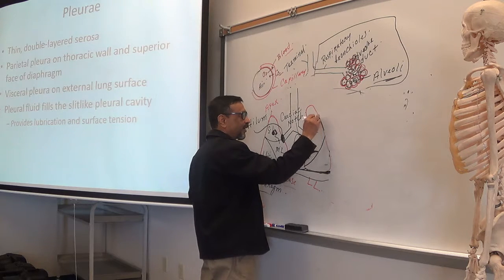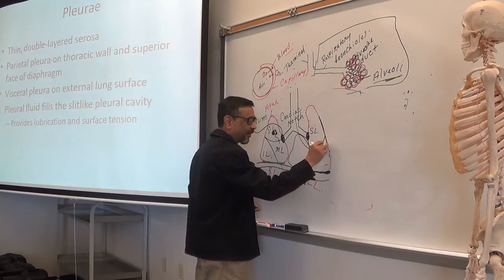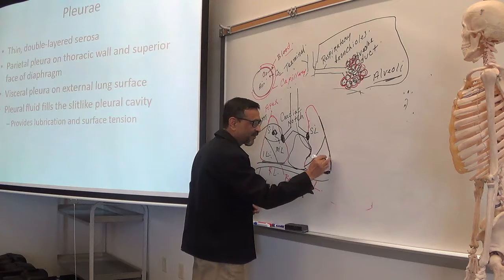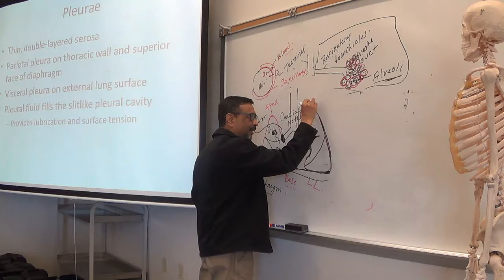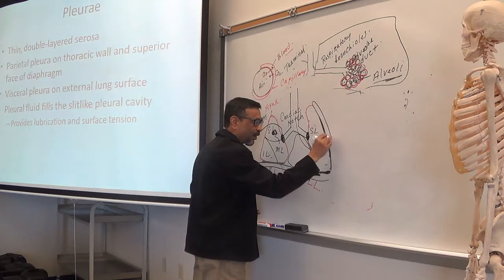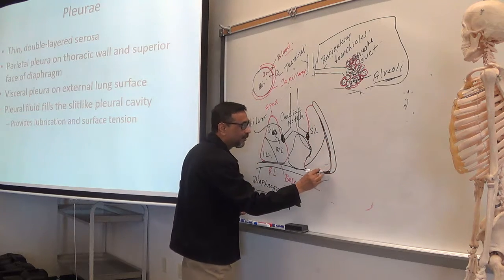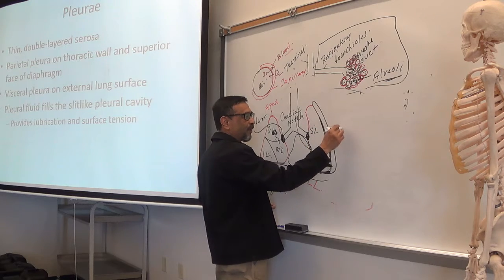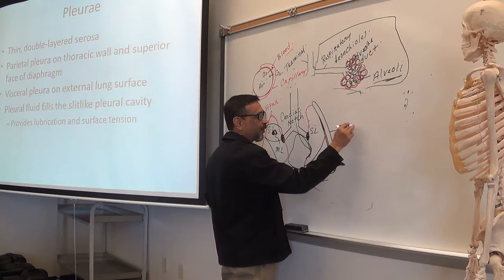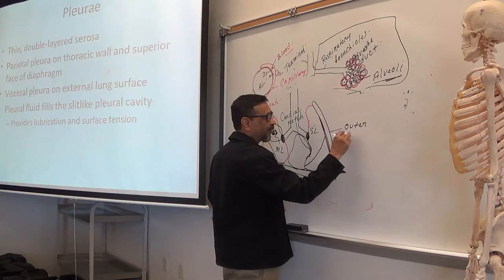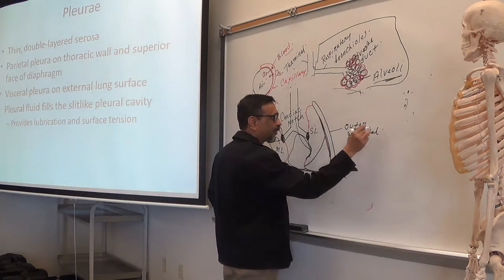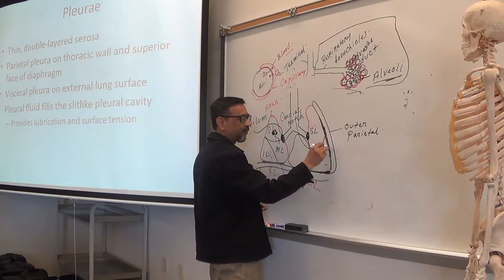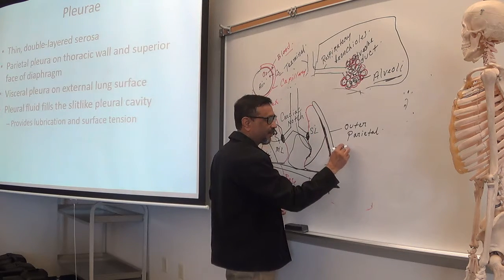The one attached to the surface of the lung, that is the visceral one, the inner one, and then the outer one. So this is the outer one, called what? Parietal, and the inner one is attached to the lung, that is called what?